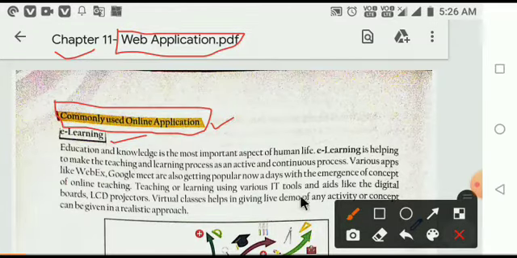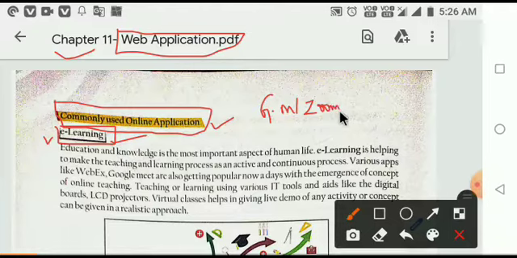Actually, you know that e-learning is a platform on which we use Google Meet or Zoom to take online education. It is a very good and popular application right now, on which you are getting that education. Education and knowledge are the most important aspects of human life, as you know very well.